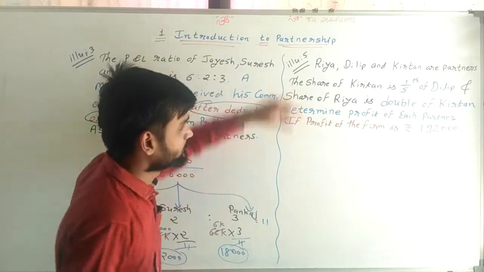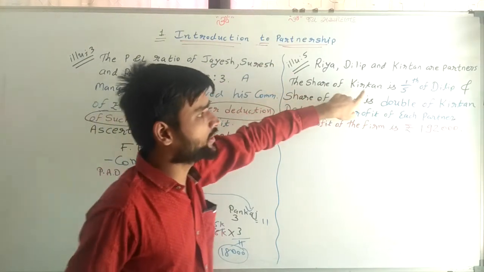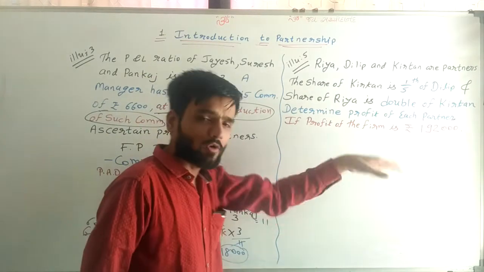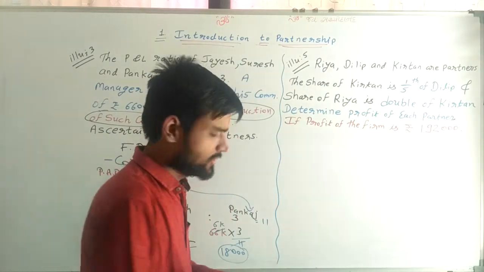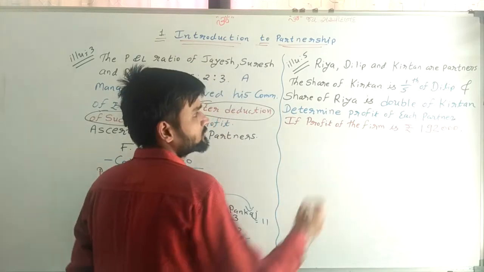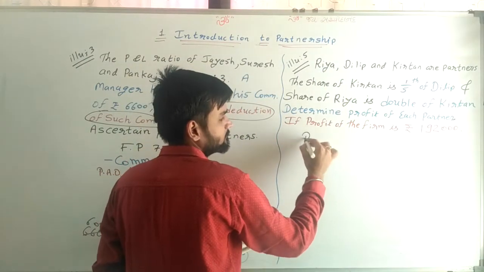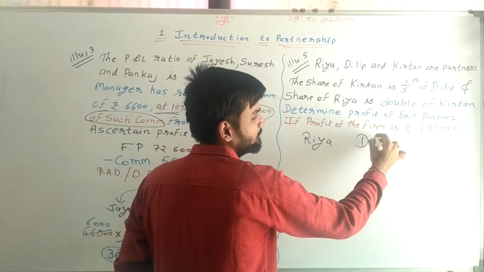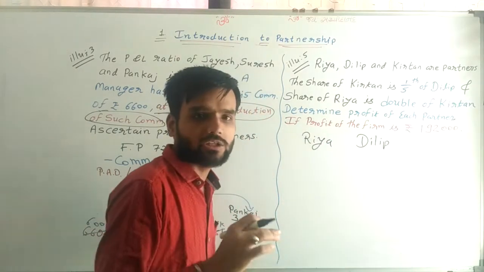Now here, the share of Kirtan is. So first of all, I am writing the name of the partners so that we can understand easily. So Riya, second Dilip, and third Kirtan.